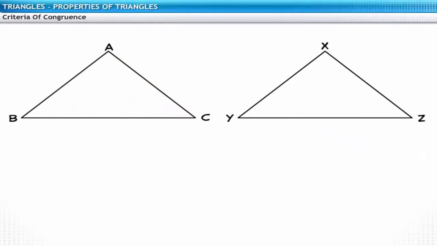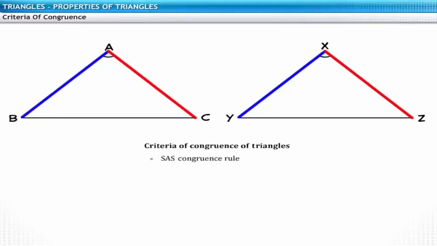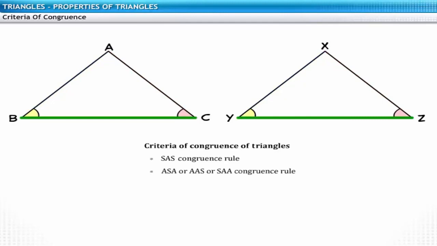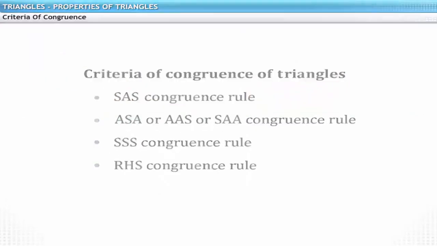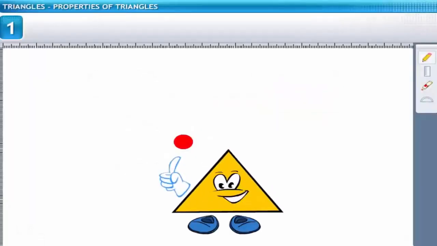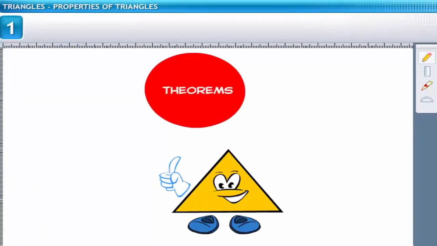Congruency of triangles can be proved using the four criteria of congruence: SAS congruence rule, ASA or AAS or SAA congruence rule, SSS congruence rule, and RHS congruence rule. Using some of these criteria, we will prove two important theorems of an isosceles triangle.